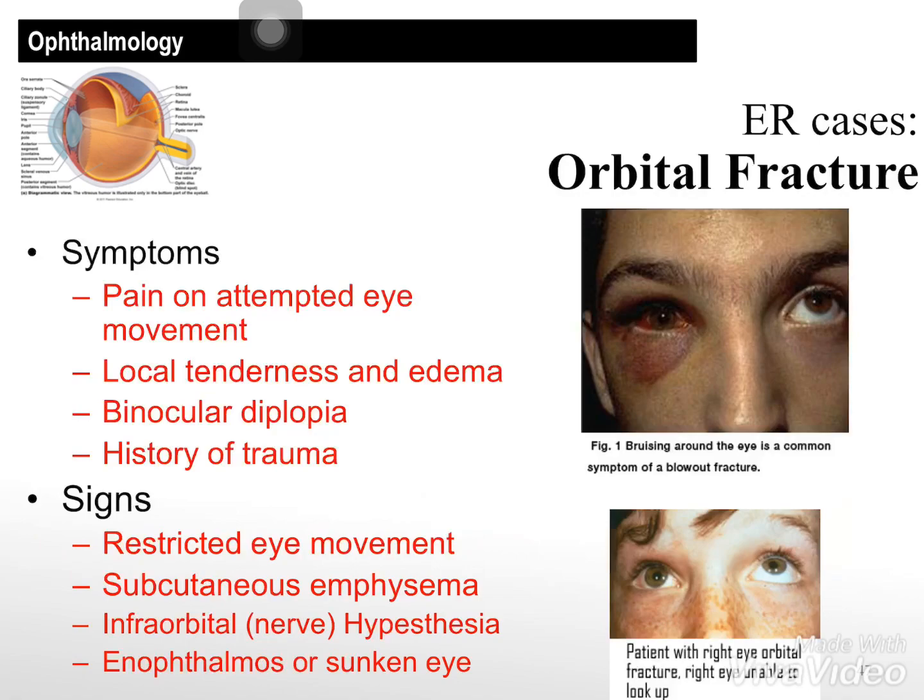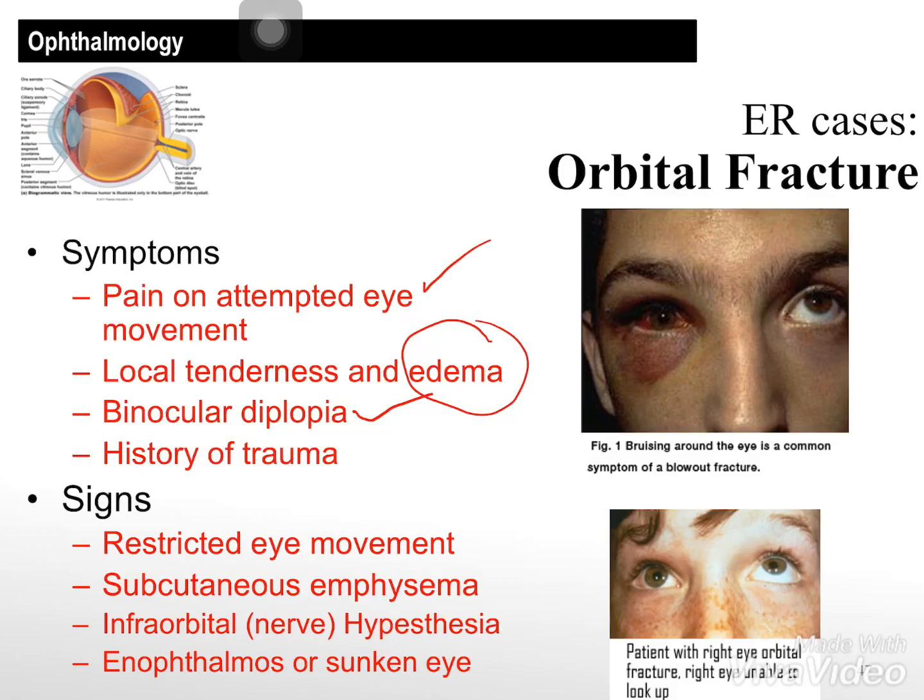What do you ask if you're suspecting an orbital fracture? You ask the patient if he has diplopia and if there is local tenderness in the area. You examine edema and ask the patient to move the eye and check for pain on eye movement.